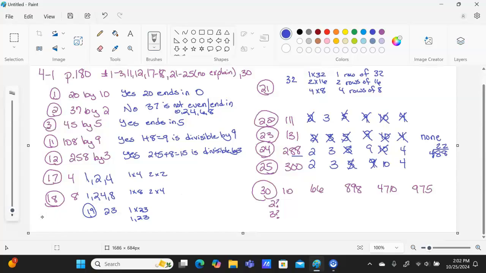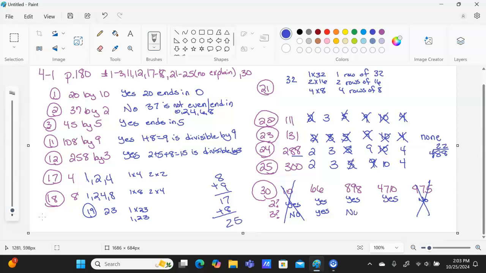On 30, you were asked to tell which of the following numbers are divisible by both 2 and 3. So I'm going to go through and check. Yes, no, yes, yes, yes, yes, and no. So 975 is not divisible by 2, so it's out. 10 is not divisible by 3, so it's out. 898. 8 plus 9 is 17, plus 8 more is 25.